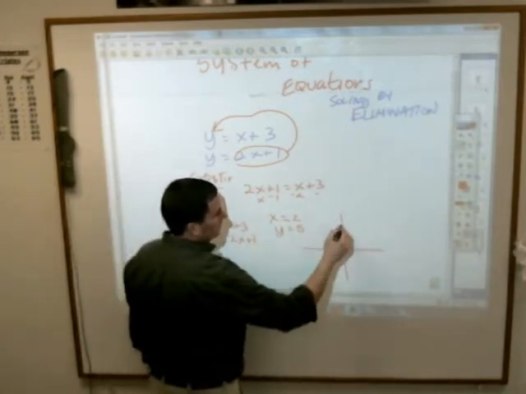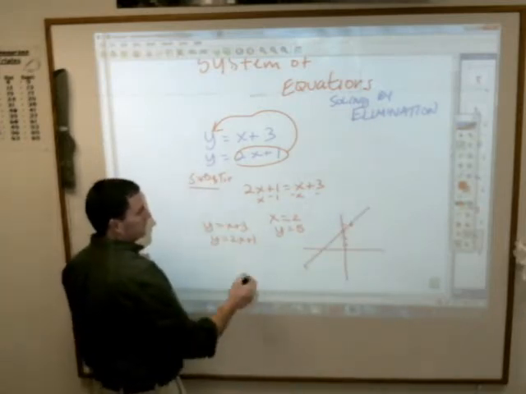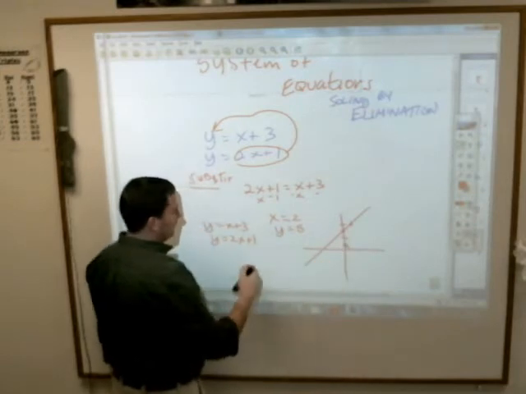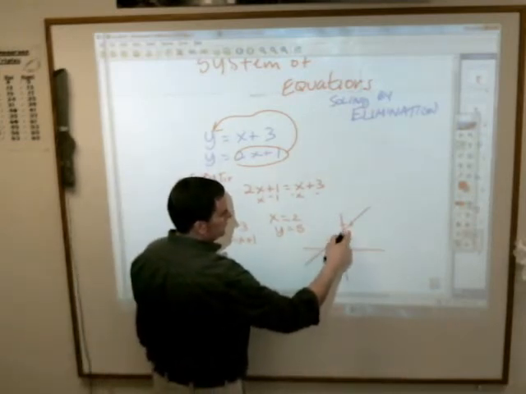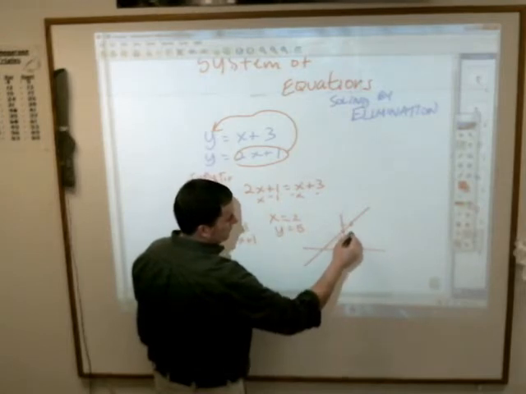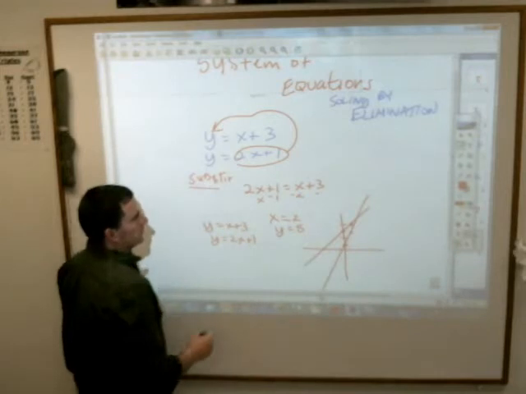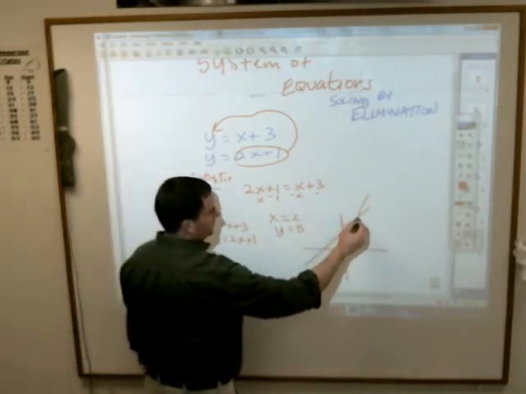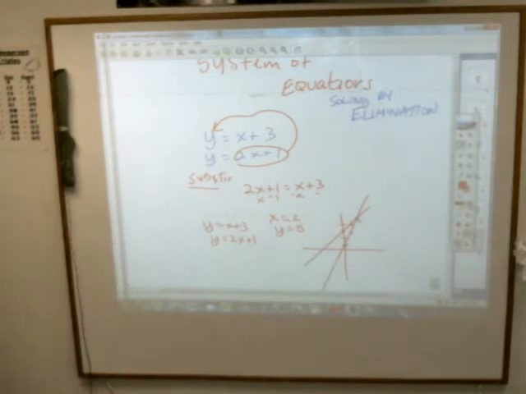It had a slope of 1, so up 1 over 1. Y equals 2x plus 1 crosses at 1. The slope was positive 2, so it went up 2 over 1. And the place where they crossed was your answer, which is 2, 5.